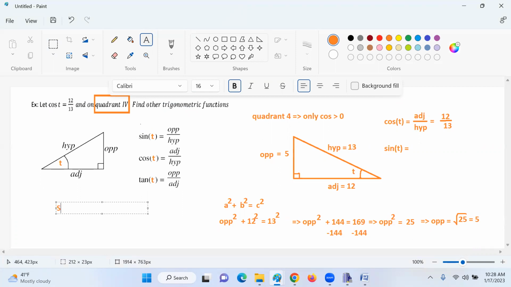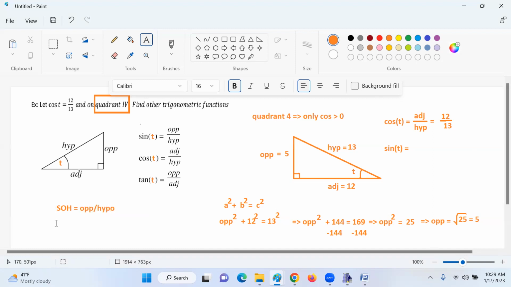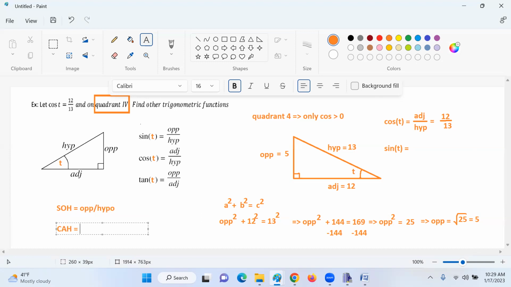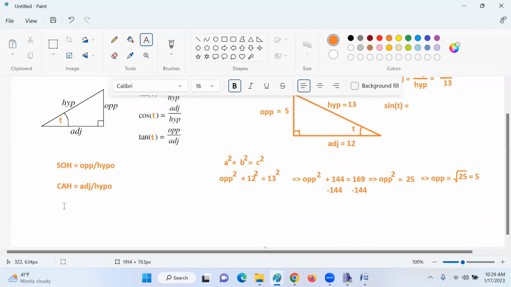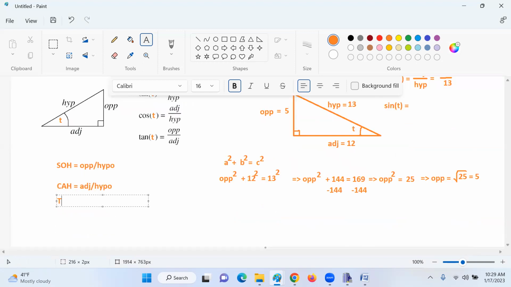So we call this one "soh," meaning opposite over hypotenuse, and then "cah" is literally adjacent over hypotenuse, and then "toa," basically that one will be opposite over adjacent.